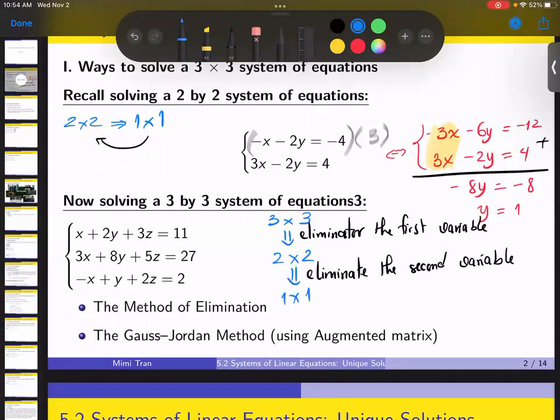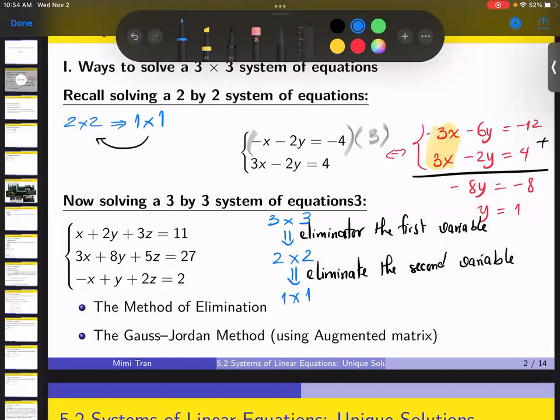Once I have 1 by 1, where do I plug it? So at this point, I have something solved for, either x or y or z, one of the letters.